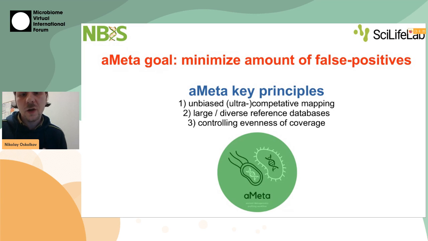We are using very unbiased competitive mapping, and we're a little bit extreme in this sense. For this purpose, we need very large and diverse reference databases. And we are also specifically controlling for evenness of coverage. It's our major criterion. And I'm going to quickly go through these key principles and explain what they are and why we think they're important.